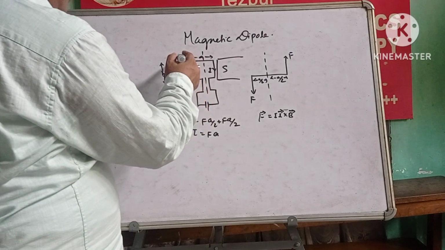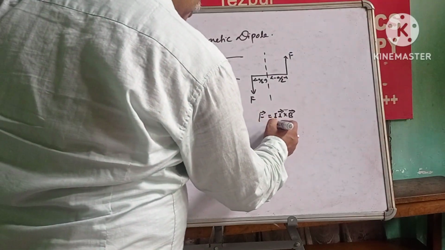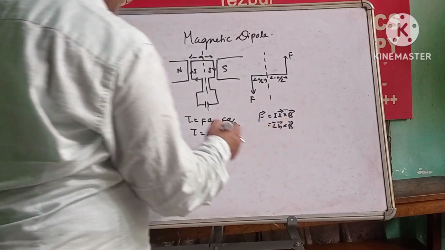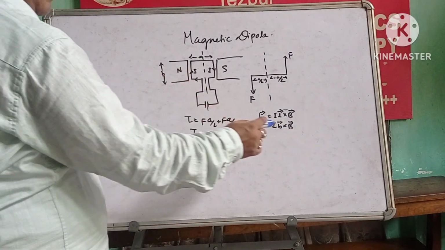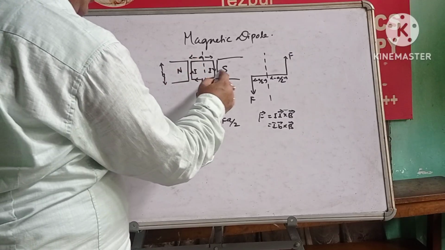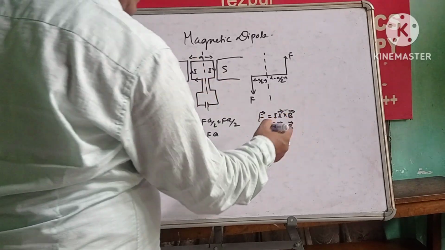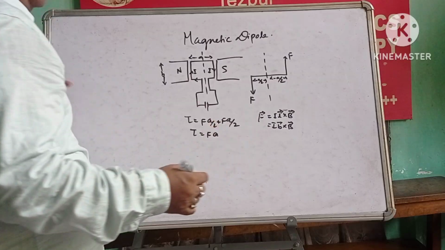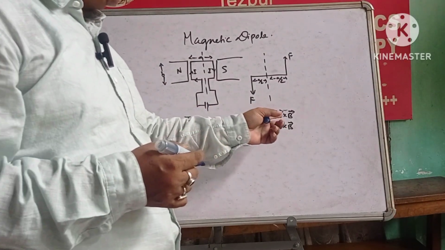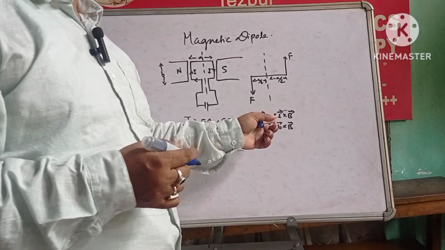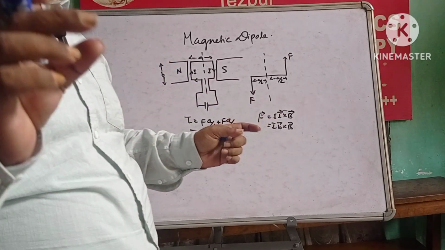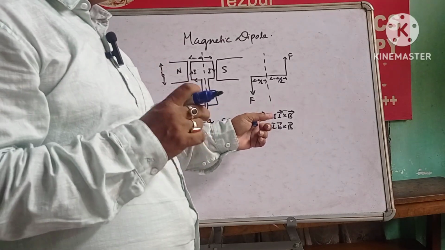Here your L is b, so I b B. The angle between them, this is your b and this is your magnetic field, is 90 degrees. Remember these important points.